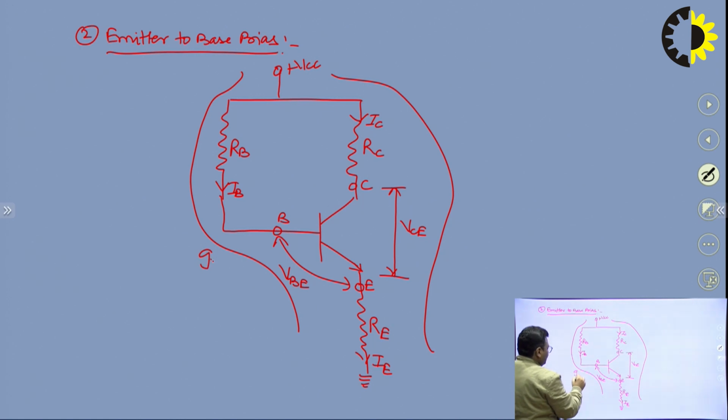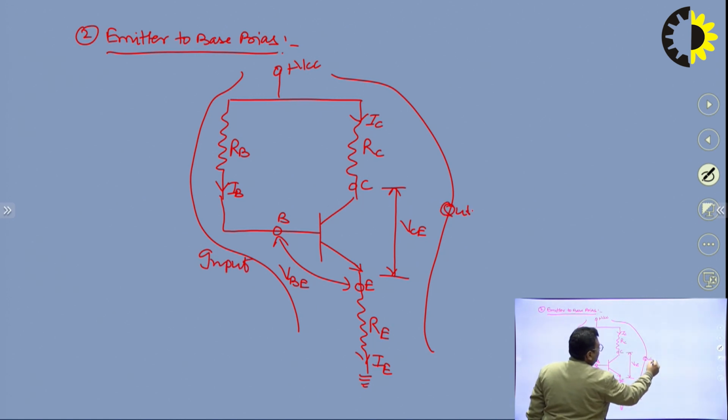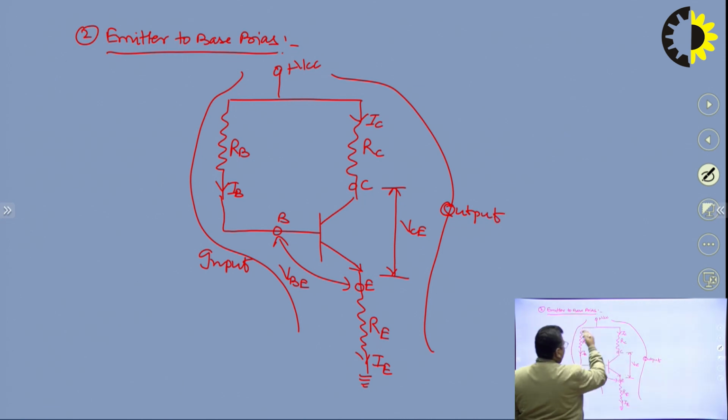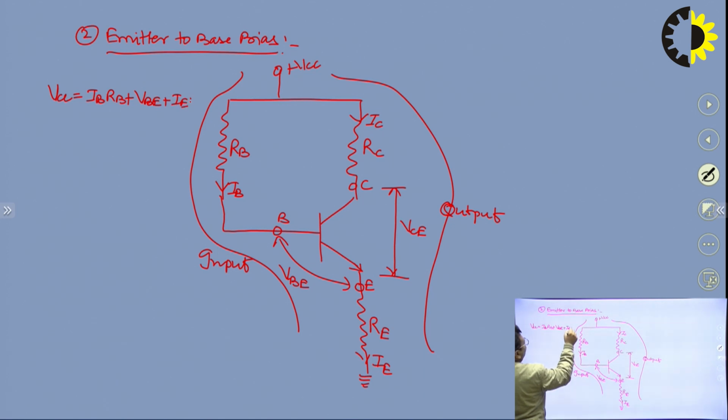So this one is your input side, and this is your output side, right. So first of all, we will apply KVL on this side and then that side. So if I write the equation, VCC will be equal to IB RB plus VBE plus IE RE at the input side.